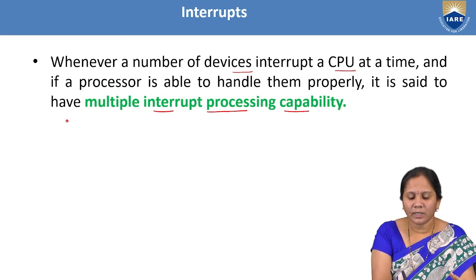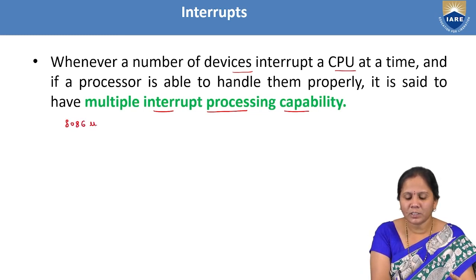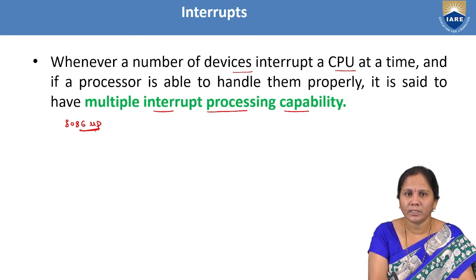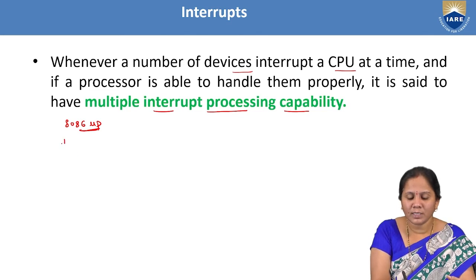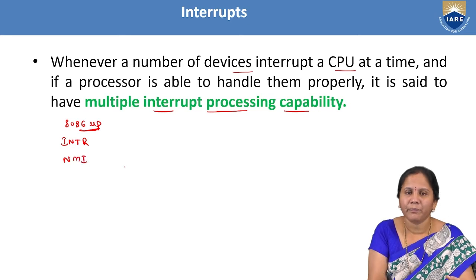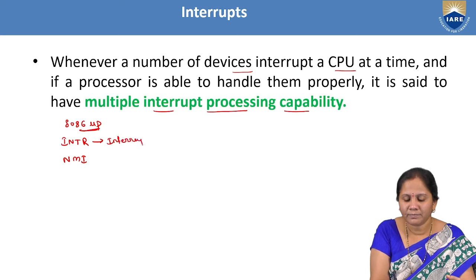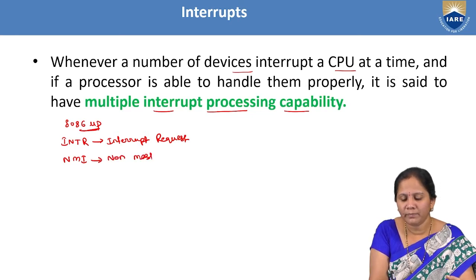As we know, if you consider the 8086 microprocessor, only 2 pins are related to interrupts. The 2 signals are INTR and NMI. Here INTR represents interrupt request, and NMI represents non-maskable interrupt.